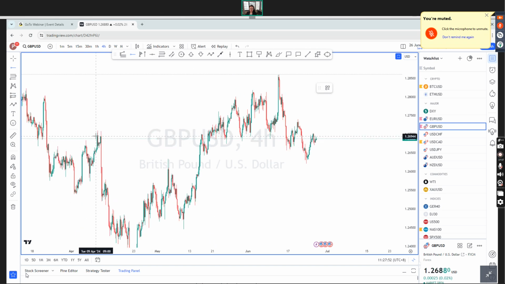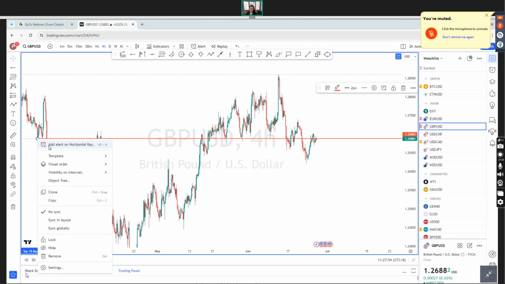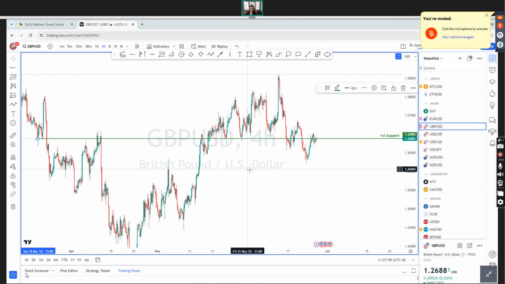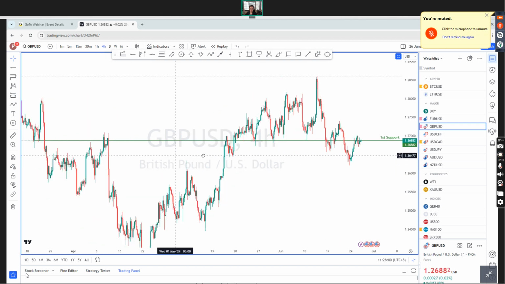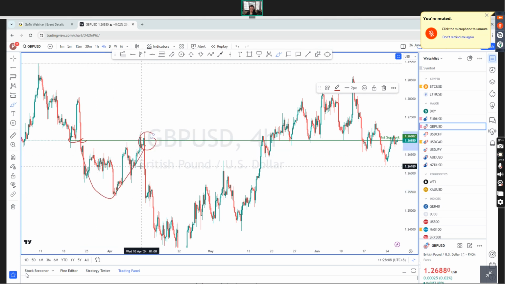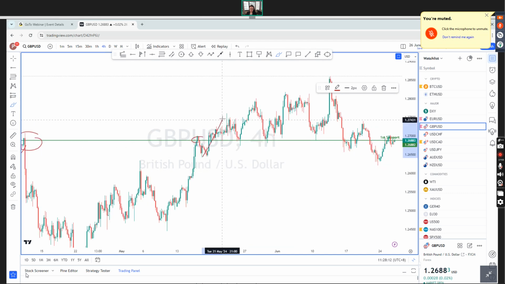This is my support. This used to be my support. You look here, support level, break below, pull back, it becomes the resistance. Now it overlaps resistance, price breaks above, pulls back, it becomes my overlap support, overlap support, overlap support.